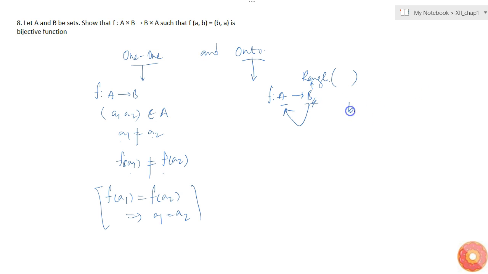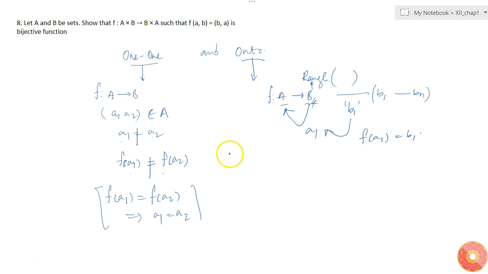Let's say B has elements from b1 to bn. Then for every b there should be some corresponding a1 whose function is given as f of a1. This must equal b. Only then the function is called an onto function.